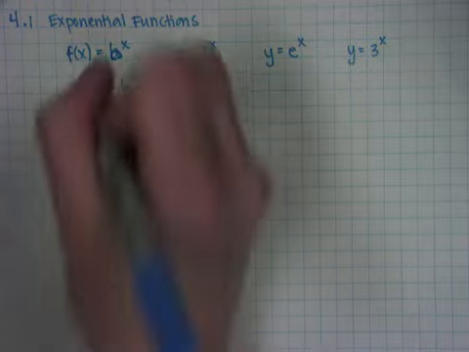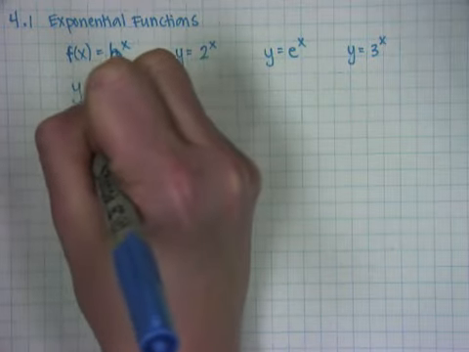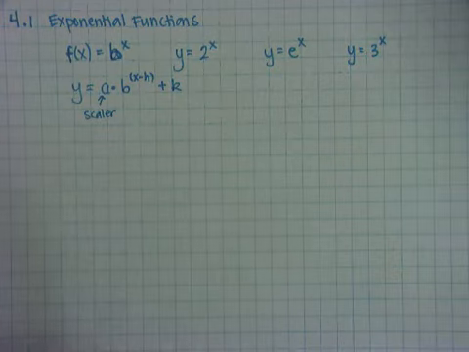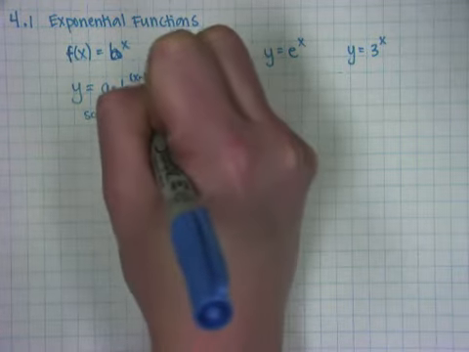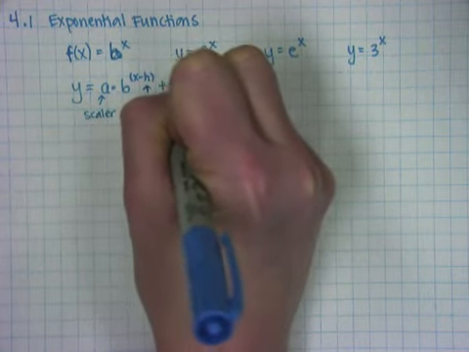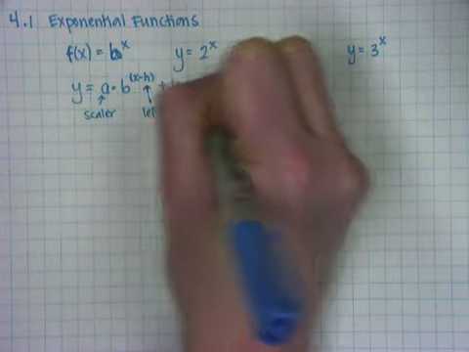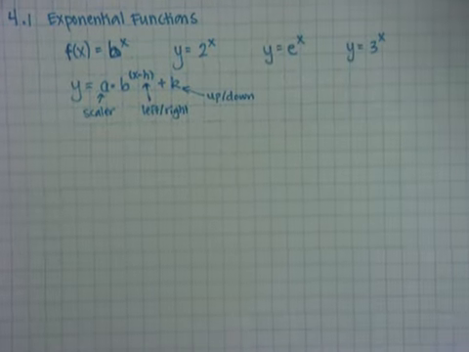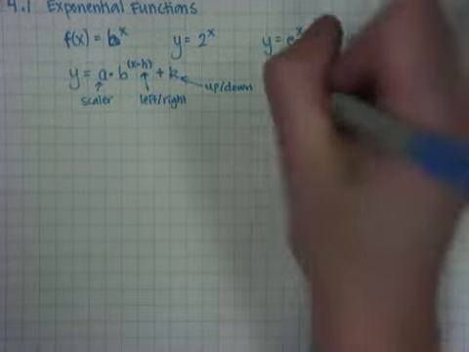And just like normal, this a is going to be a scalar. It's going to make your graph get taller or flatter. And the h and k here are going to shift your graph left to right for h and up or down for k.